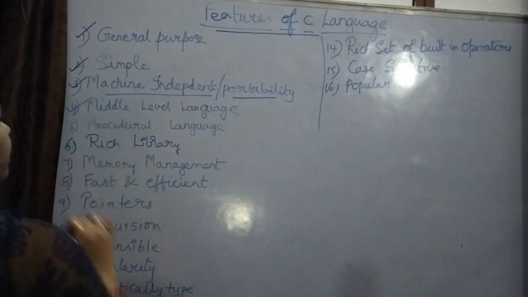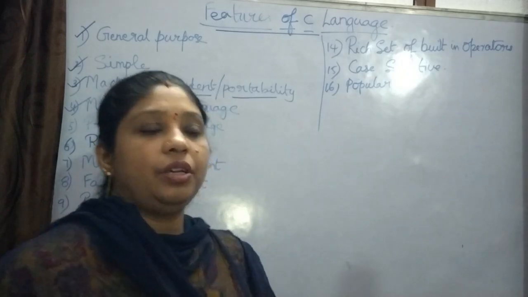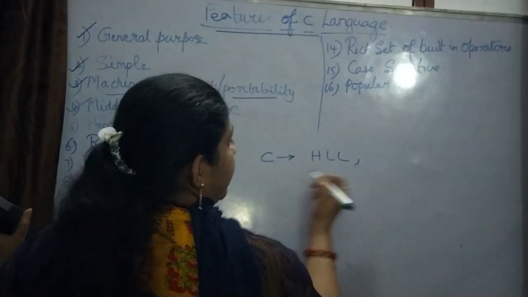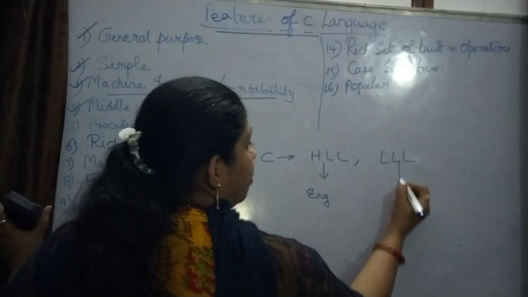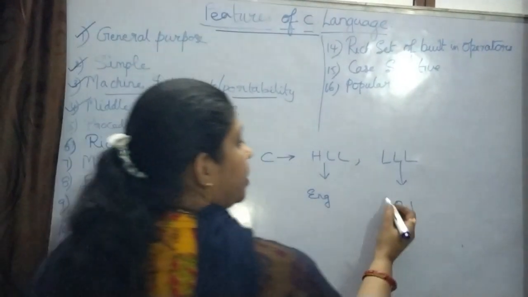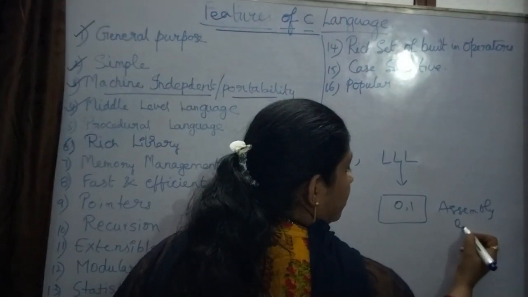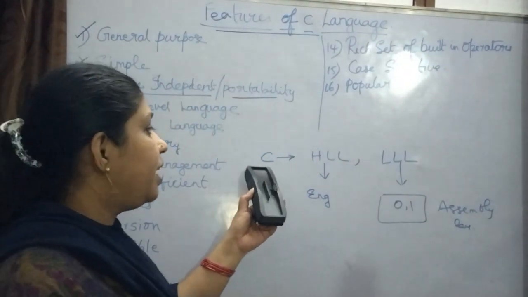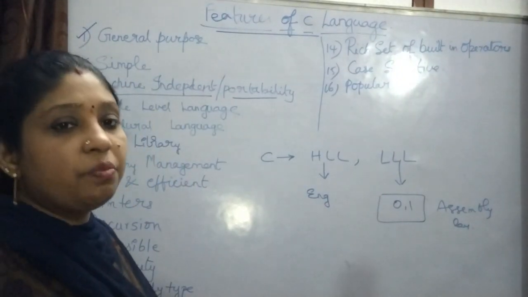Next, middle level language. Why do we call C language a middle level language? Because C understands high level language as well as low level language. High level language is written in English and low level language is in zeros and ones, which you can also call assembly language. So it understands this language and this language, so obviously we can call it a middle level language.